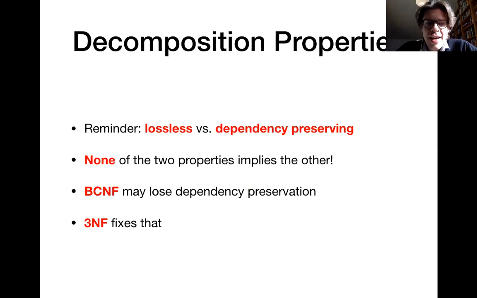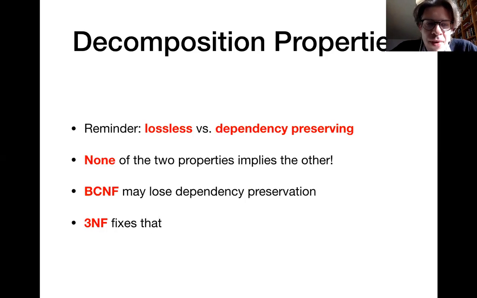All right, and here a little summary which connects to what I was just saying. So we have seen two properties for decompositions. We have them lossless, and we can have them dependency preserving. Those two properties, by the way, are independent from each other, so none of them implies the other one.